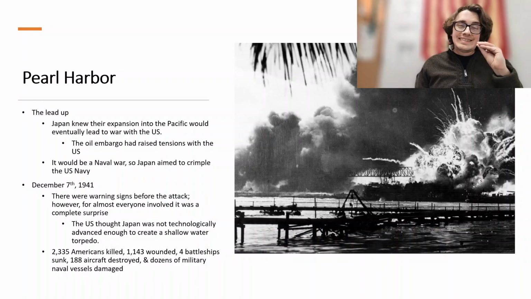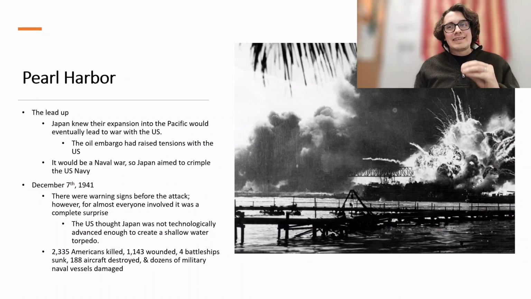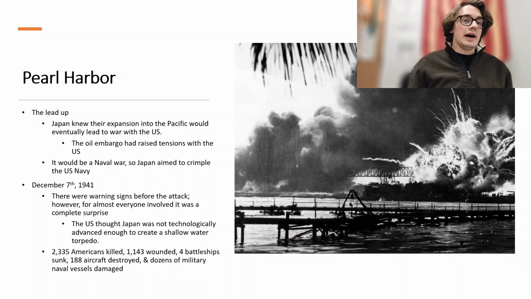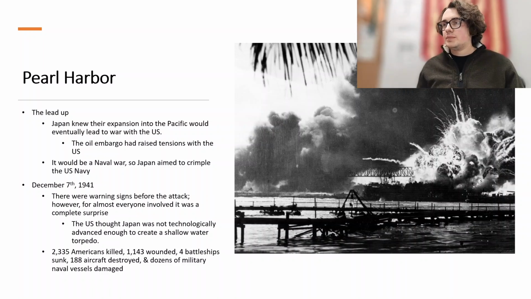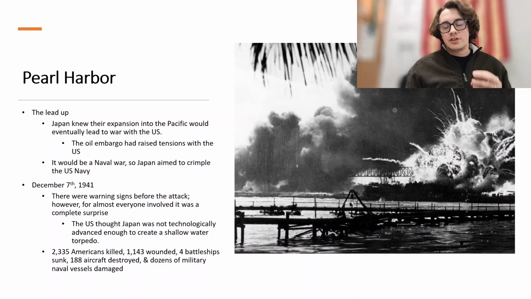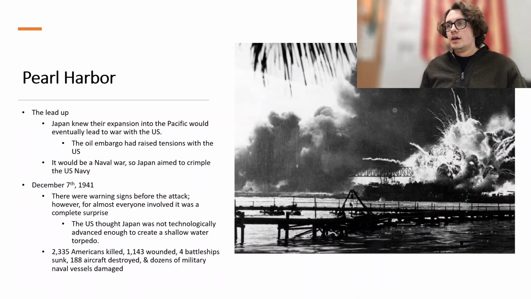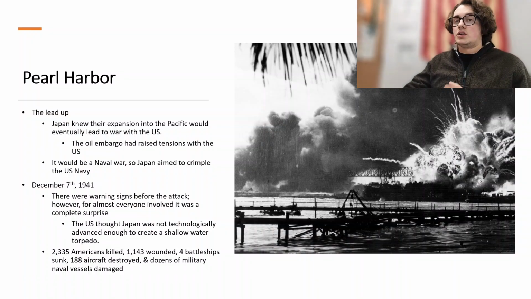Pearl Harbor is going to be the single deadliest surprise attack in American history up until 9/11. 2,335 Americans are going to die. Four battleships are sunk. You have over 1,100 Americans wounded, and almost 200 aircraft are destroyed.